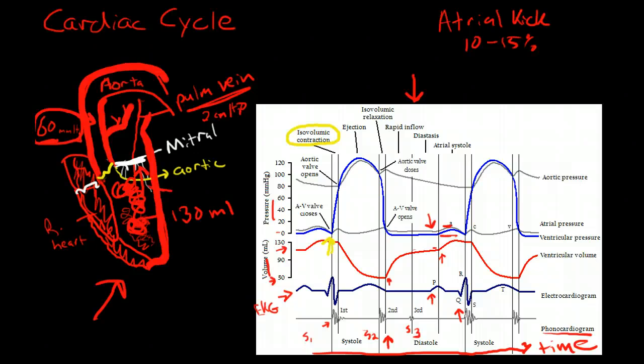So when does that happen? That happens somewhere around here when we overcome the pressure of diastolic blood pressure, because that is the pressure in the aorta. So then, as soon as we overcome that pressure, the aortic valve snaps open. The pressures continue to rise in the ventricle because the muscles continue to contract.